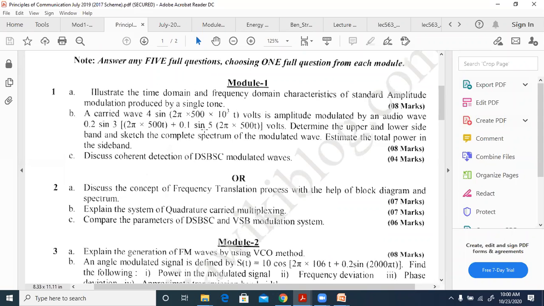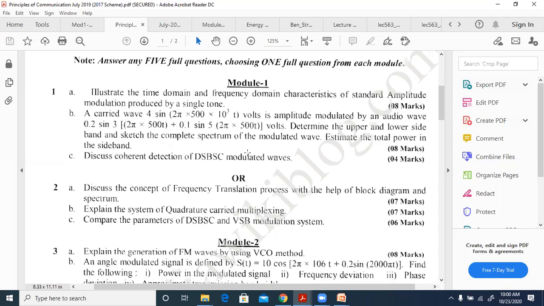So it's a multi-tone kind of amplitude modulated wave with the carrier frequency being 500 × 10^3 and AC equal to 4. The 500 kilohertz is the carrier frequency, whereas here 1500 will be FM1 and FM2 will be 2500.